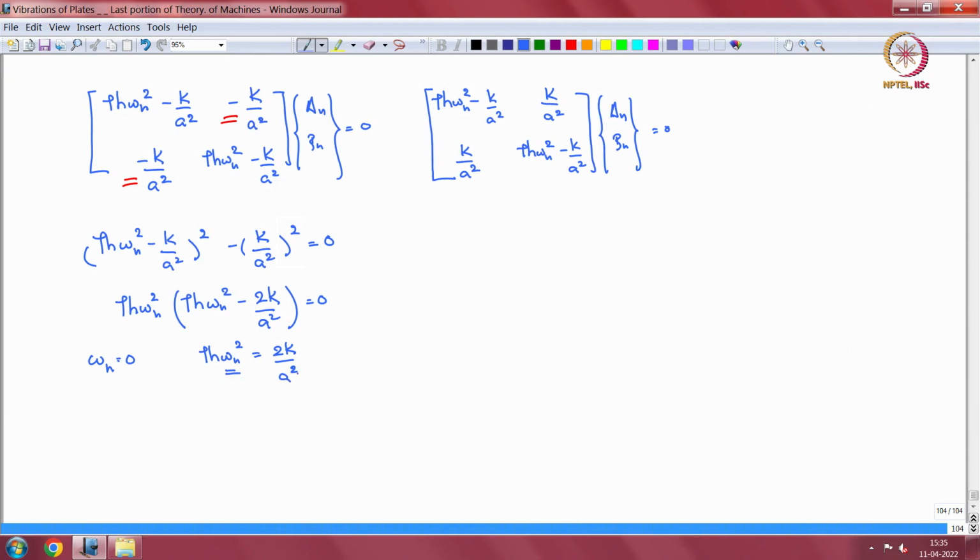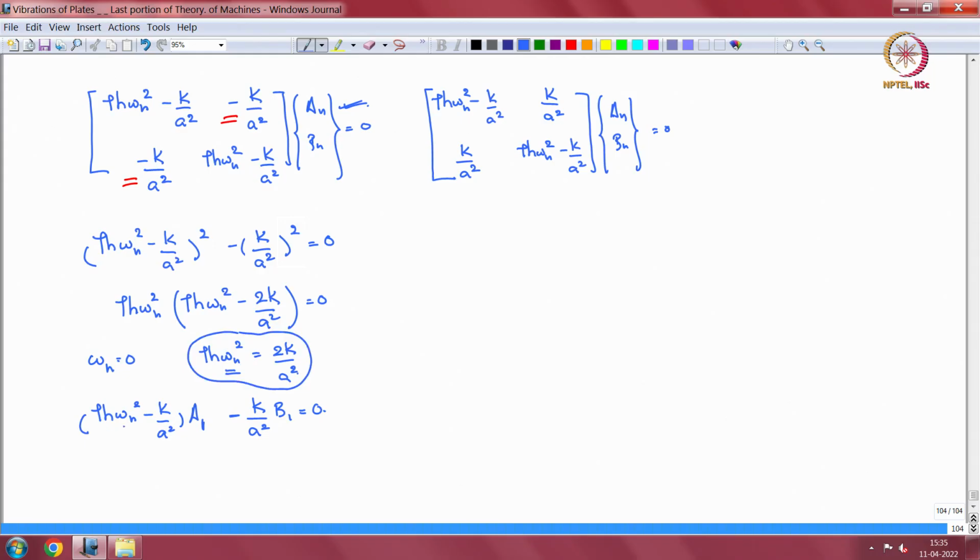Okay. Now if I go ahead and relate a_n to b_n in this case, I have (rho h omega_n^2 minus k by a^2) into a1, because n is 1, minus k by a^2 into b1 is equal to 0, and we are looking at the non-zero value.